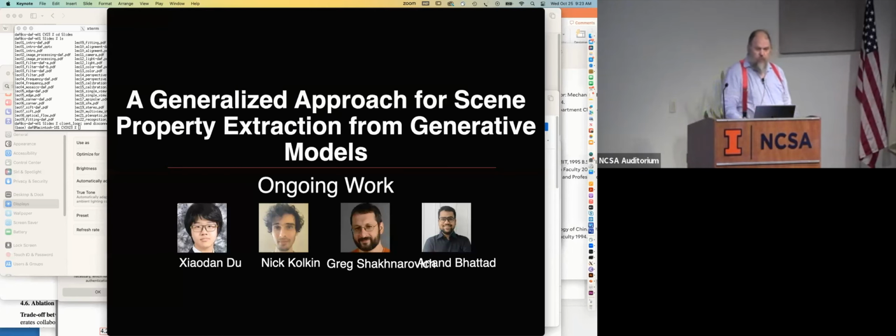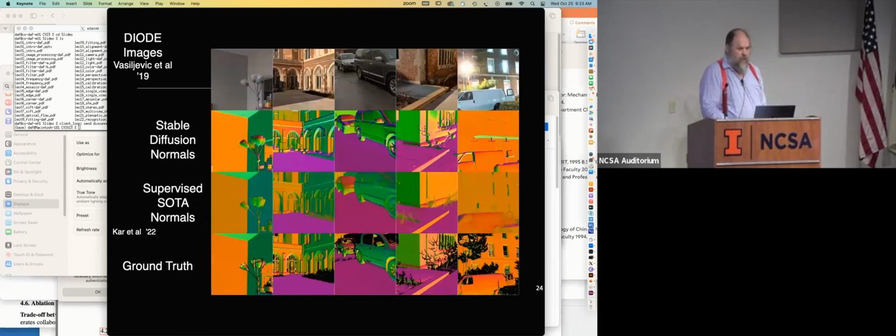So some very neat work by Anand and Greg Shakhnarovich, who's in the audience, and Sharon Du and Nick Colkin, shows that stable diffusion methods know about normals as well. So up at TTIC a bunch of years ago, they collected a whole bunch of very, very detailed depth and normal images of 3D scenes called the DIODE data set. These guys can beat normals out of stable diffusion, second row.